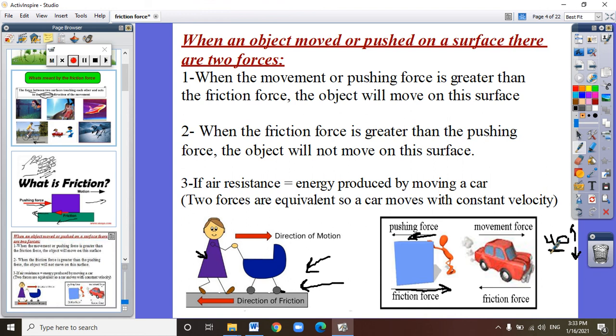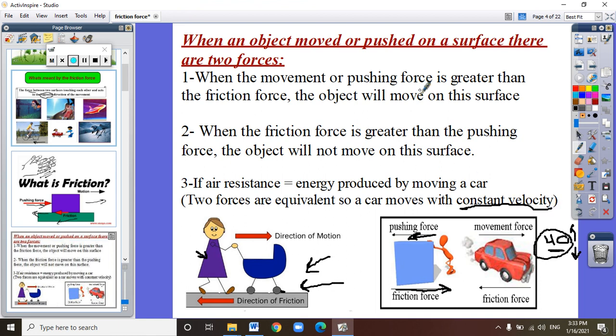How can he make the car keep at 40? He can keep the car at this speed without increasing or decreasing because the friction force is equal to the motion force. So when the friction force is equal to the movement force, the body will move at constant velocity or constant speed.